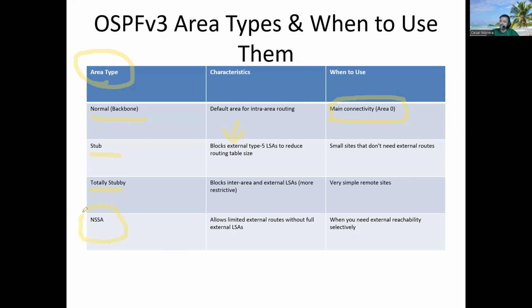And finally, NSSA, not-so-stubby area. It allows limited external routes without full external LSAs when you need external reachability selectively. That's when we use the NSSA.